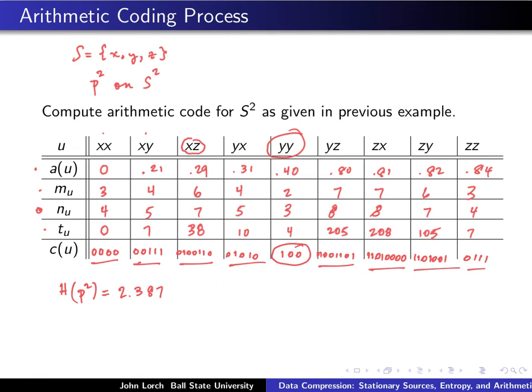We could also compute the average code word length for this code, which is about 3.97. So maybe this average code word length is not quite as close to the entropy as we would like, but it turns out that it's close enough, as we shall discuss in a moment.